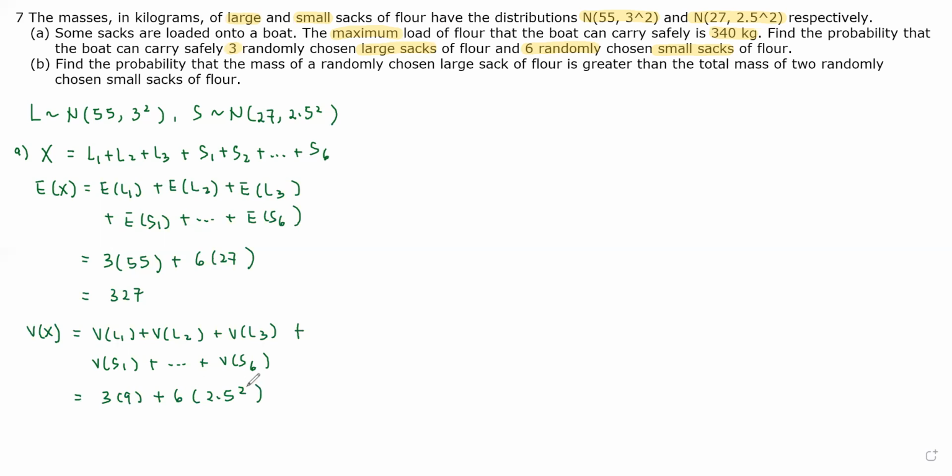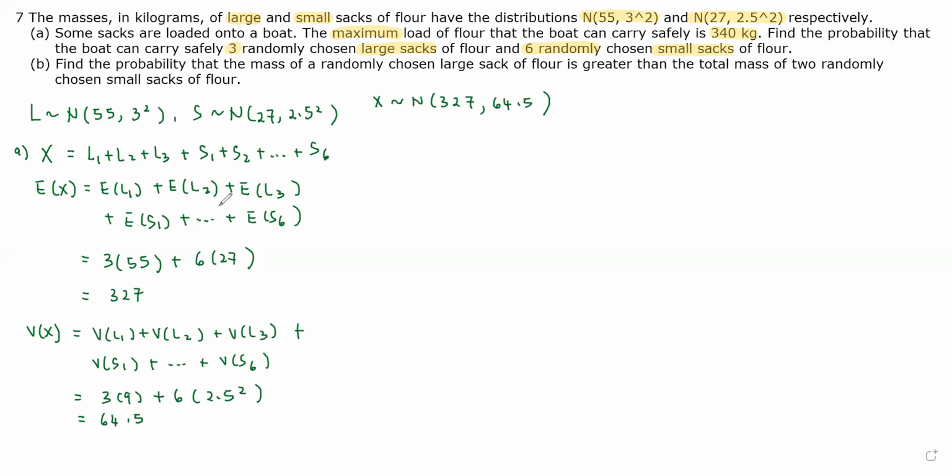And that should give us a value of 64.5. Then X follows a normal distribution with a mean of 327 and a variance of 64.5.